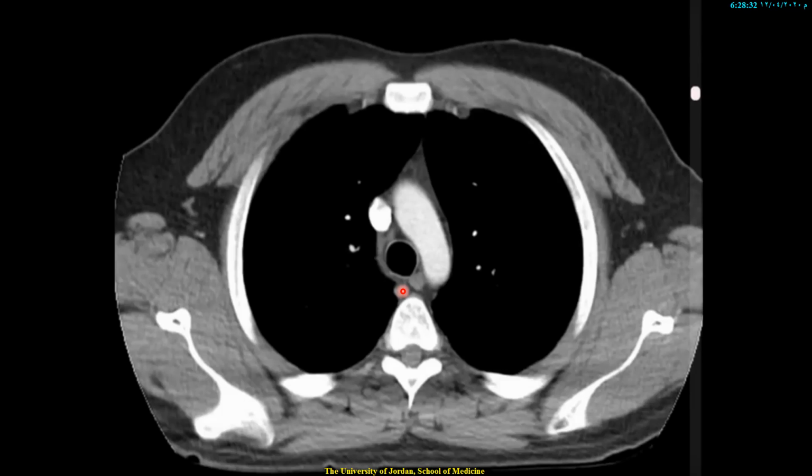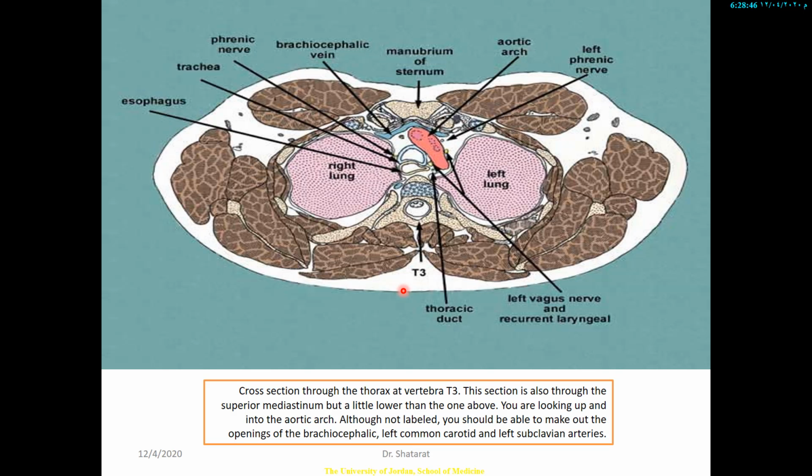Going further up, it is a clear continuous arch, as you can see here. This is the superior vena cava, and this is the trachea, behind it the esophagus.